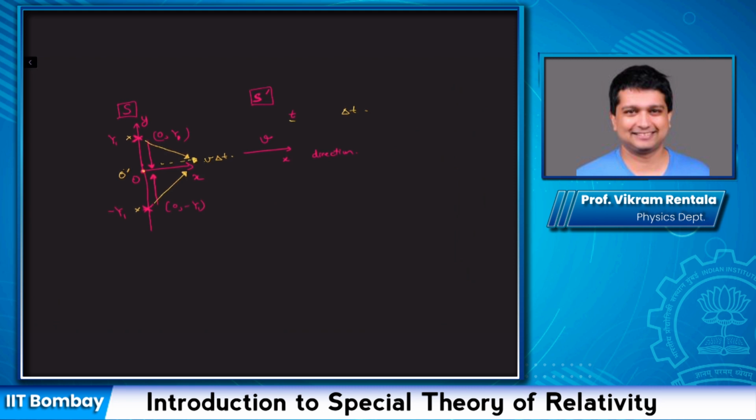Okay, and these signals would traverse exactly the same distance as seen by observer S on the ground, and therefore observer S would conclude that these two signals reach observer O prime simultaneously. Okay, so there is no reason that S prime should also not see these events to be simultaneous.